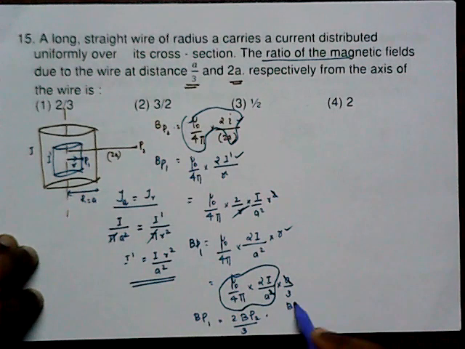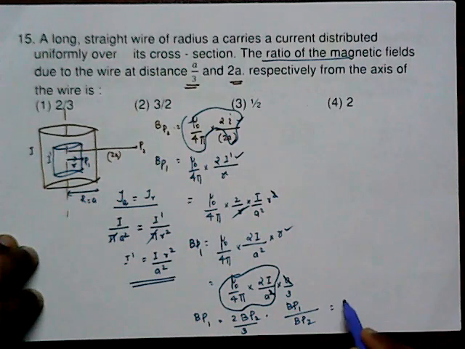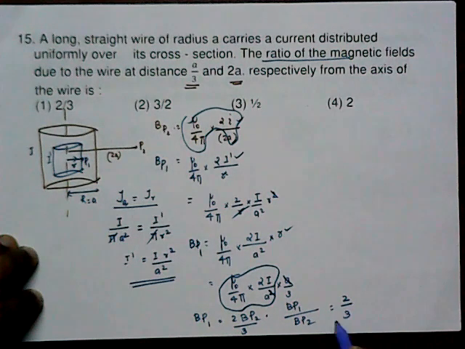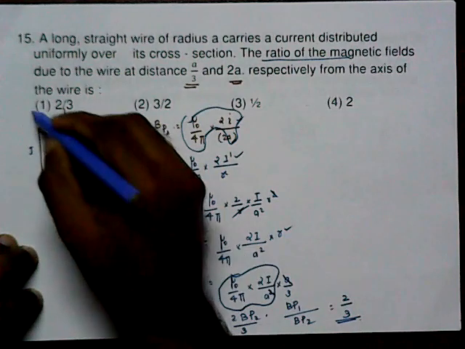So we can say BP1 by BP2 is equal to 2 by 3. So you get the answer as 1.